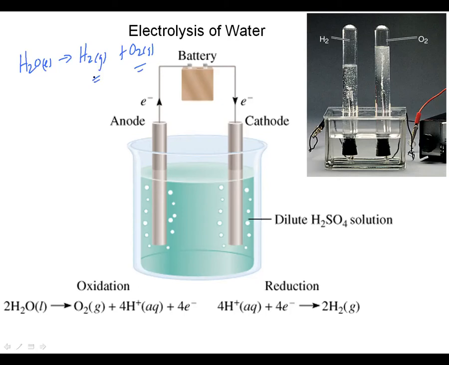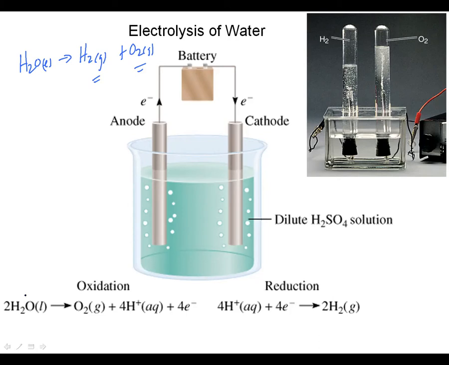But if you simply run an electrical current through it, in both of these cases you're causing a chemical change to occur. The chemical reaction is going to occur, and we will break apart our oxygen and our hydrogen.